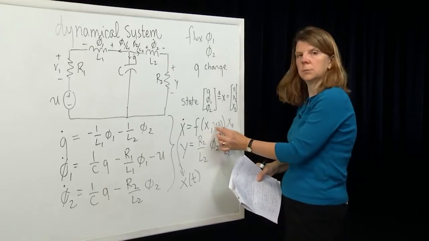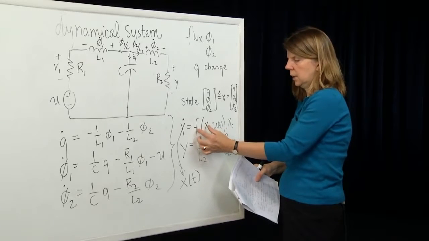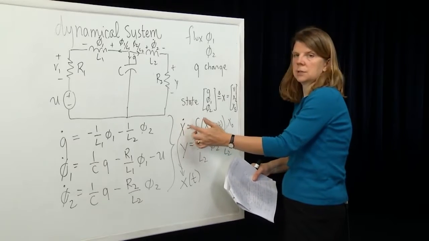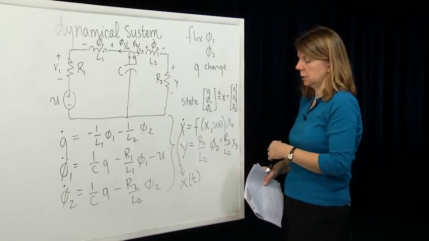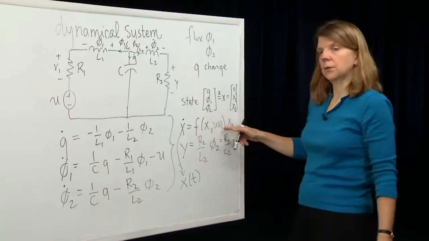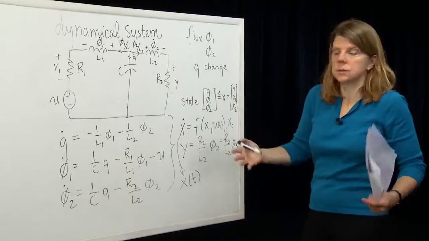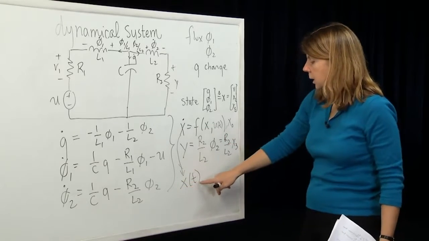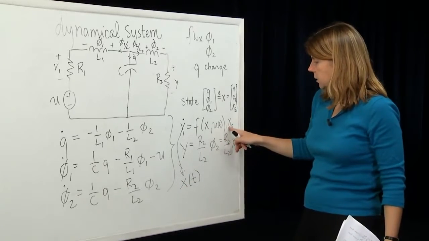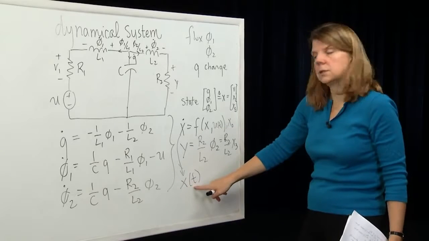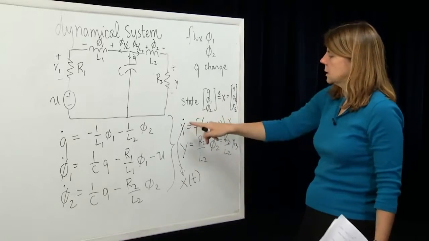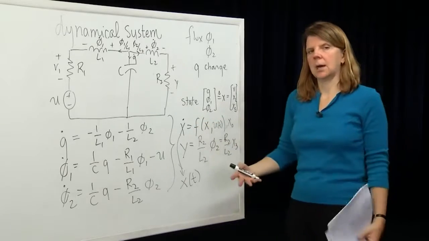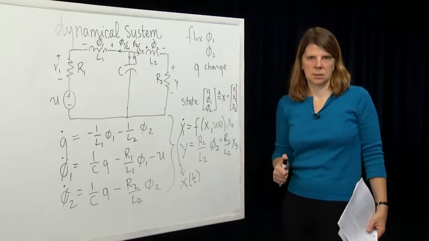Then we could absorb u of t into f and rewrite this equation as x dot equals f bar of x with some initial condition. If we could solve that differential equation, based on that initial condition and that input, it would give us what the state is at the current time. So solving this differential equation gives us access to the state transition function.